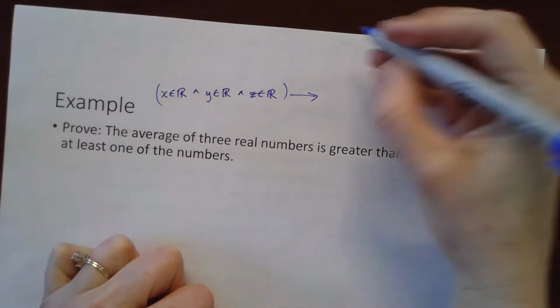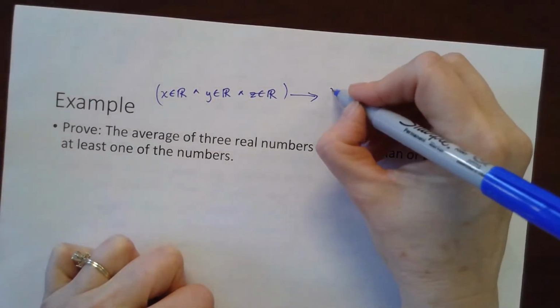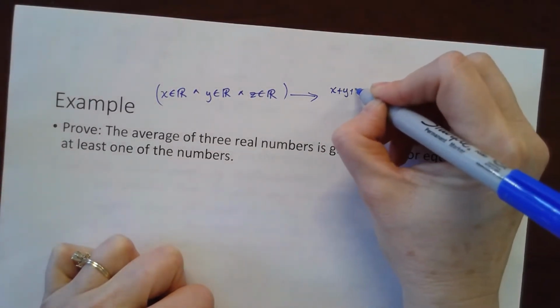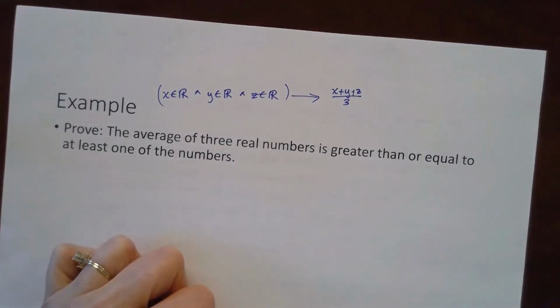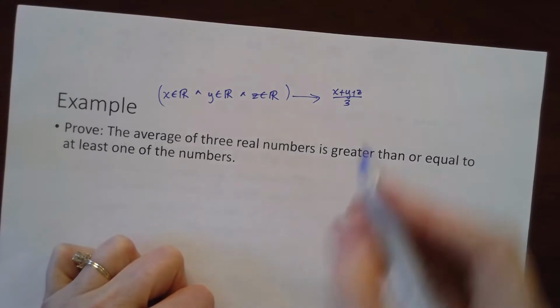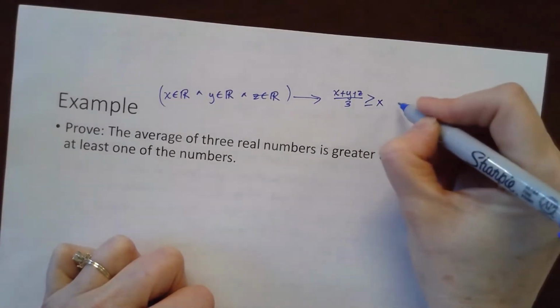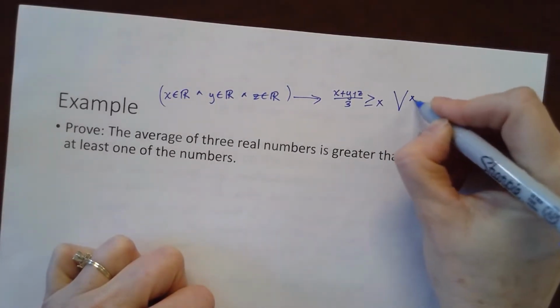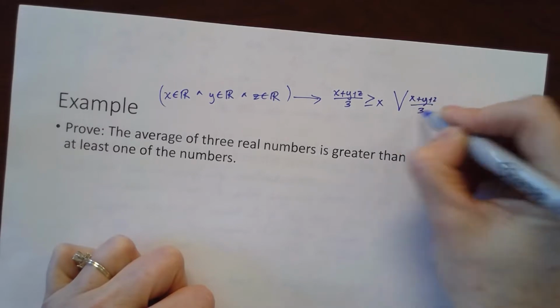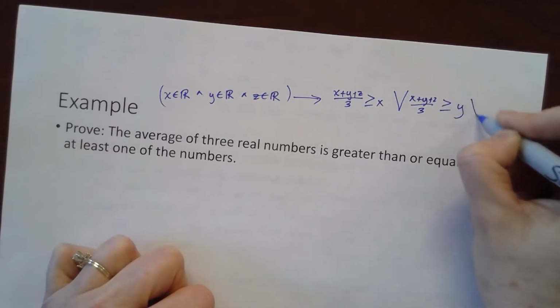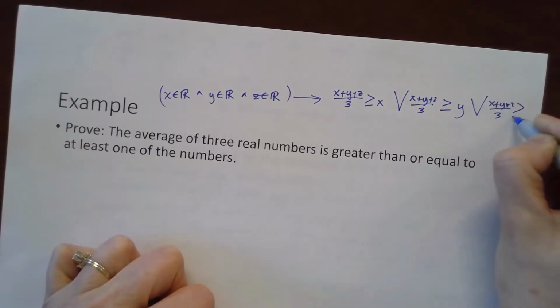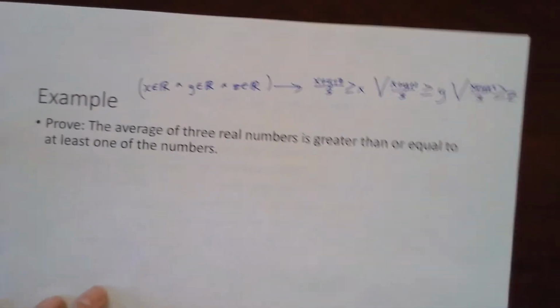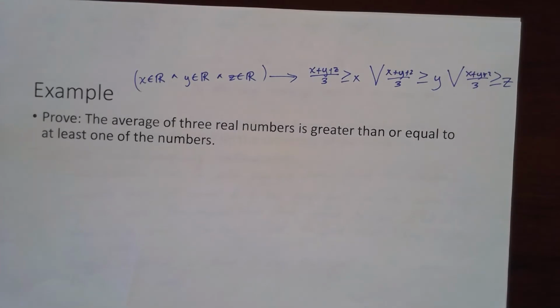Well, their average, that's (x + y + z)/3, is greater than or equal to at least one of them. So is the average greater than or equal to x, or the average greater than or equal to y, or the average greater than or equal to z? That's what we're trying to prove there.